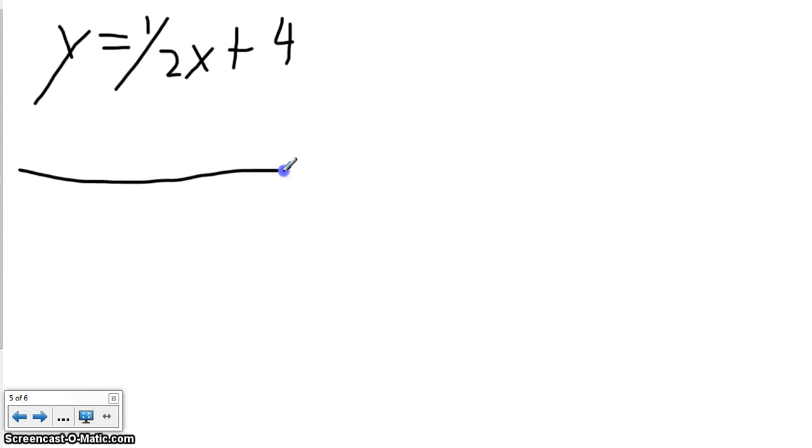Let's make out our little plot chart, and use simple numbers like -2, -1, 0, 0 is the hero, 1, and 2.